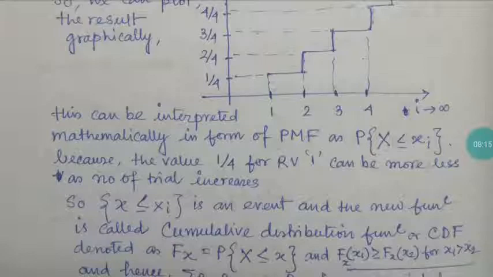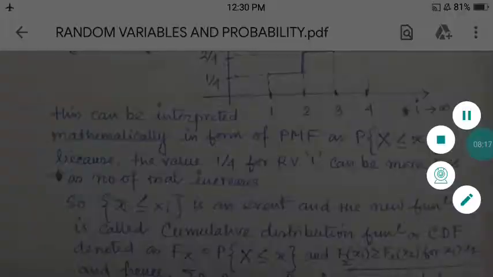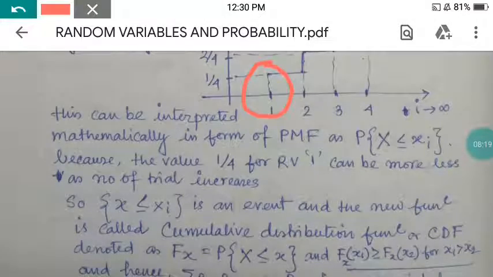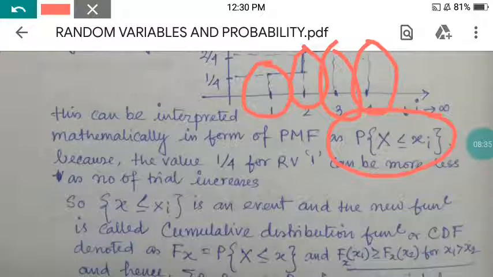That is the mass function. If you are considering individually, this is the PMF, this is the PMF, this is the PMF, and this is the PMF, if you are considering discretely. But if you are considering continuously, then these values are interrelated. So obviously we can write P of capital X less than or equal to small xi. So why have I written this?